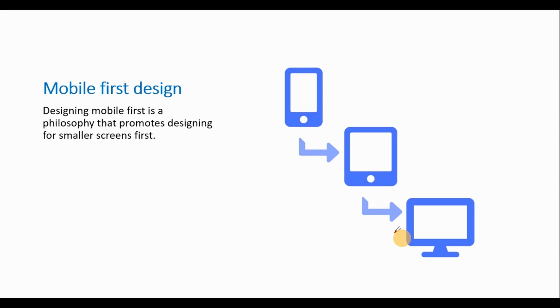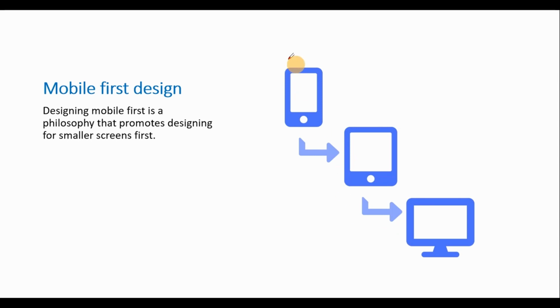Designing mobile first is a philosophy that promotes designing for smaller screens first. It can be beneficial to do this, as it's easier to adapt a design onto larger screens than the other way around. You could also find that the majority of your users are on mobile devices, so it would be beneficial to prioritize this.